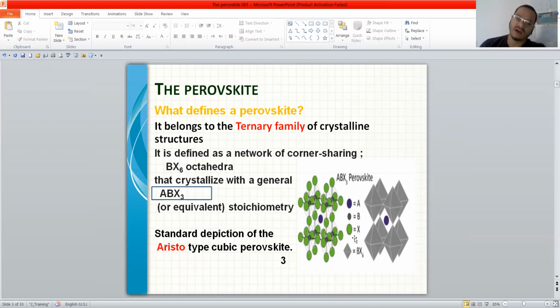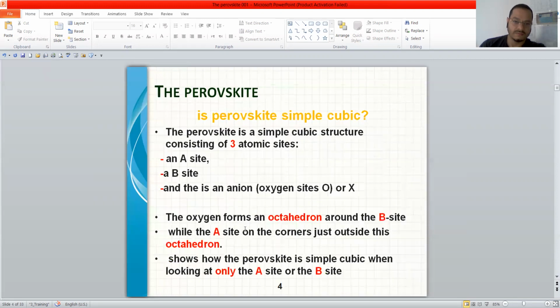X is an anion connected with all of these A and B. Now, the perovskite is a simple cubic structure consisting of 3 atomic sites, A, B, and O or X, depending on which source you follow. The oxygen forms an octahedron around the B site.